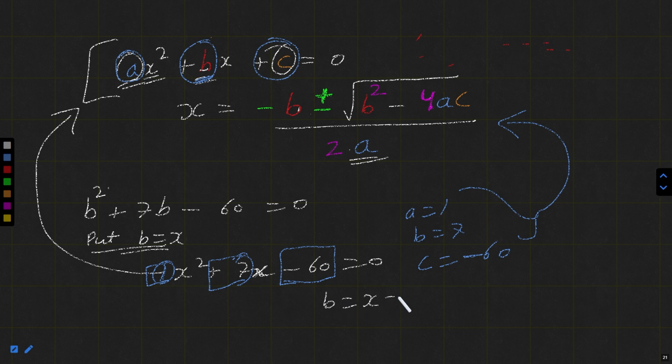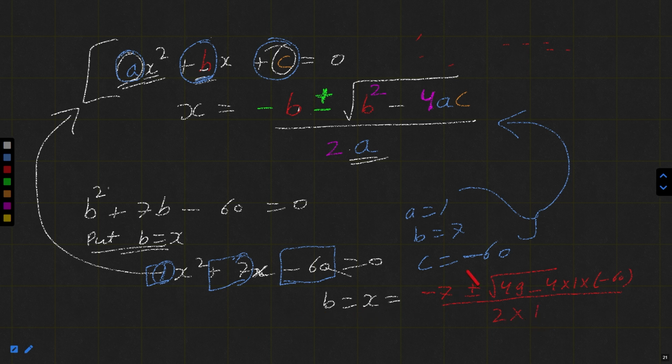b is equal to x, which is equal to minus b. b is 7, so minus 7, plus minus root of b square, that is 49, minus 4 multiplied by a, which is 1, multiplied by c. c is minus 60, divided by 2 multiplied by a, which is 1.